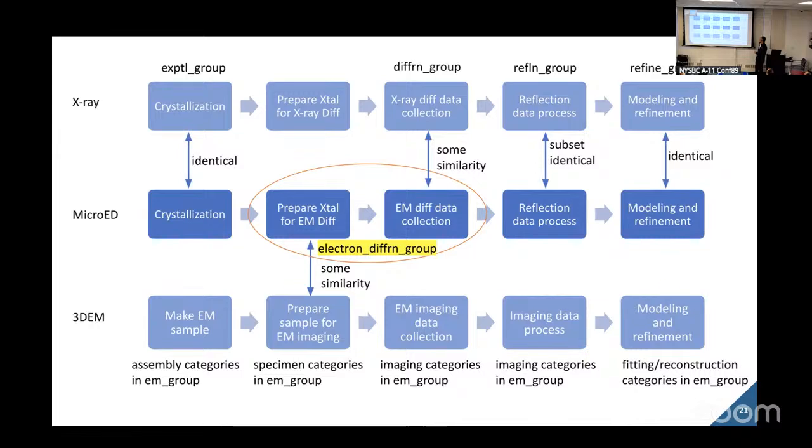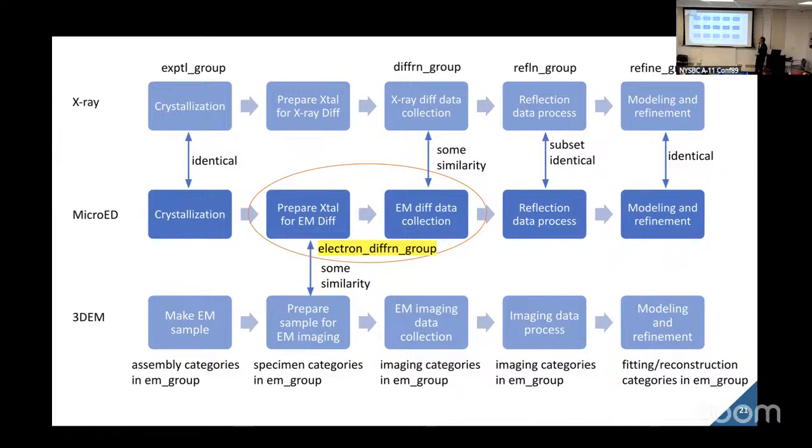For X-ray, we use the EXPTL group to collect the experimental information, usually not much to do with the preparation of the actual crystals. There's a diffraction group describing the diffraction data collection, a reflection group for data processing, and then the final modeling refinement. And for MicroED, you see an identical process for the others, or almost identical for reflection, and very similar for refinement as well.